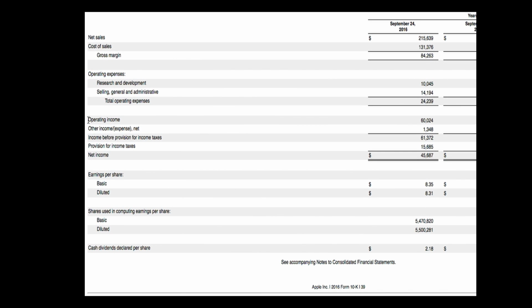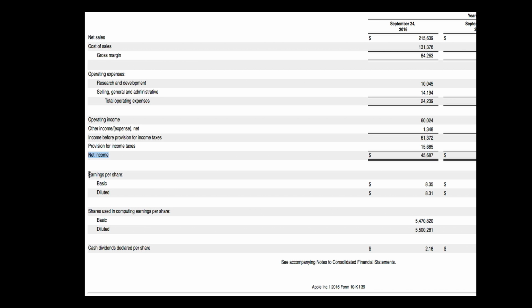Then we have any other types of income that were not from operations. Maybe they sold a piece of equipment that they were using that was not part of their inventory. Then we have income before income tax, a provision for income tax, and the net income.